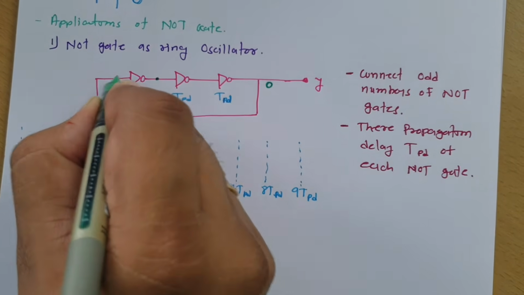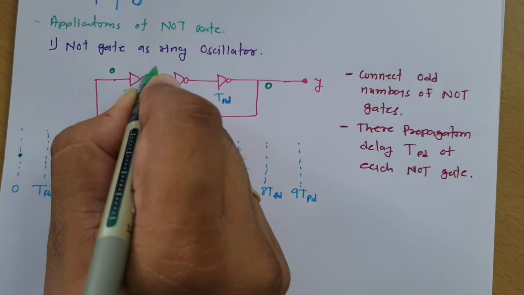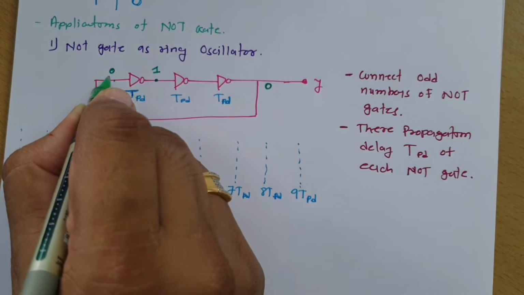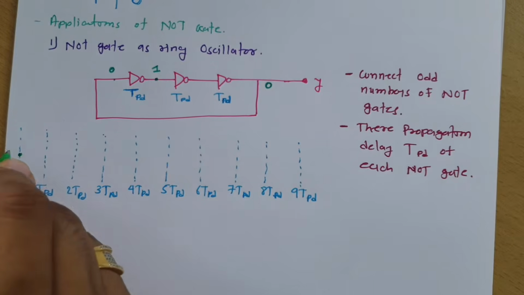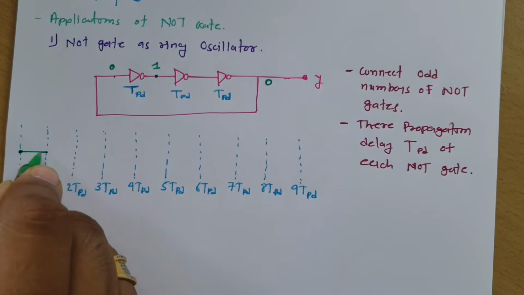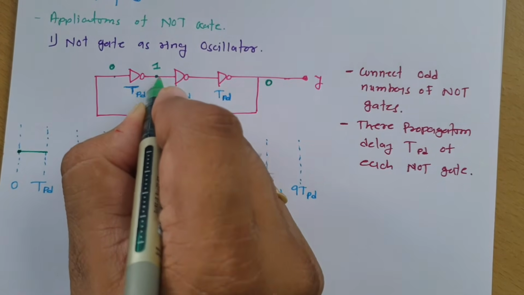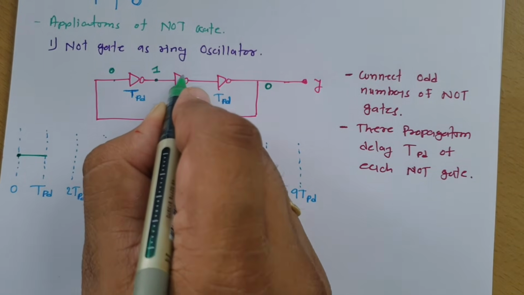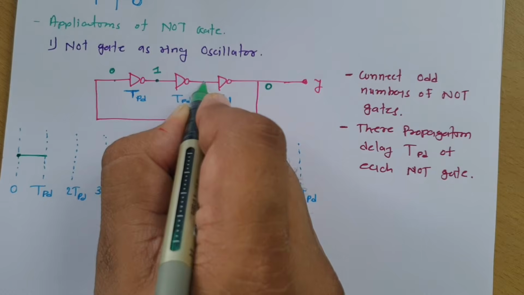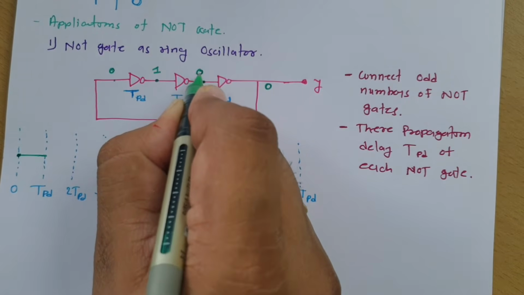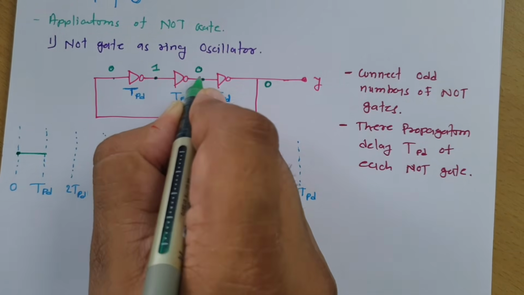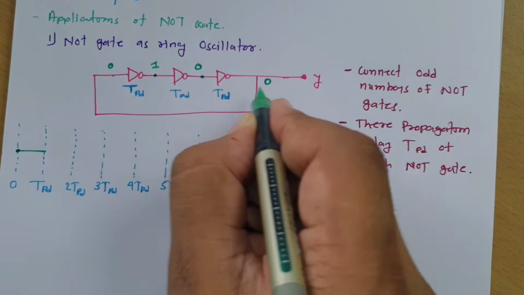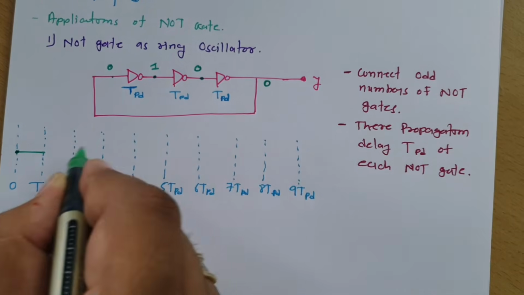Now this 0 will become 1, but to get from 0 to 1 it takes TPD time. This 1 of this inverter will be the input of the next, and that will make 0 here. But this transition again takes TPD time, and till then our output is 0 only.